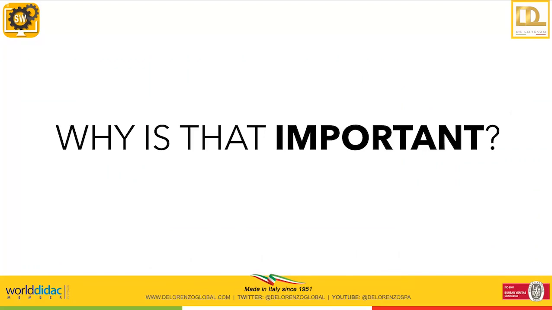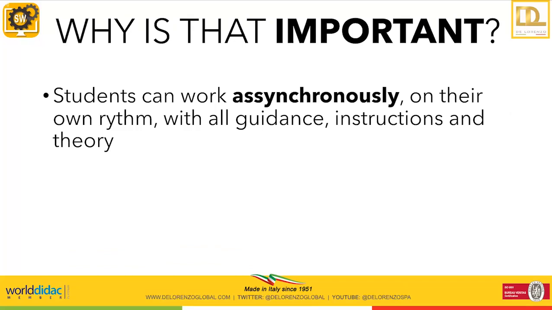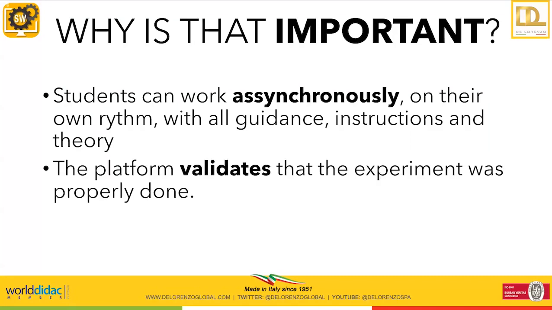And why is that important? It's because you may have heard this word many times, asynchronous. And the thing is, our solution guides the student through the process when the student is not in front of the professor. The platform validates that the experiment was properly done.